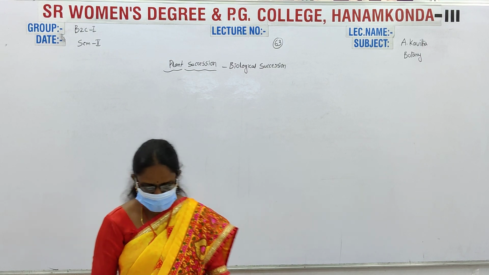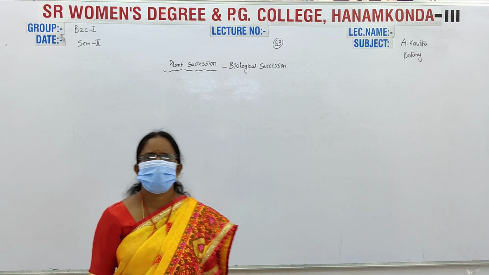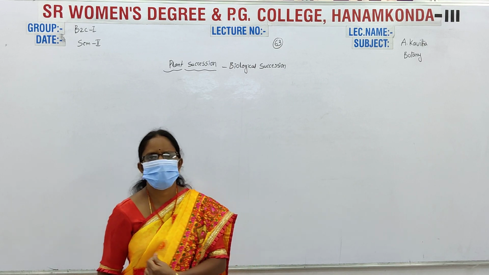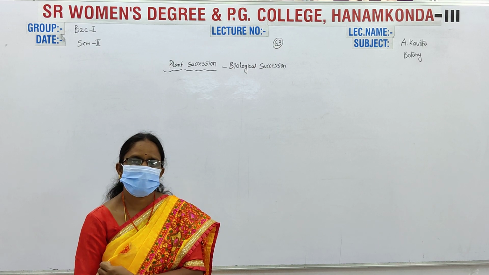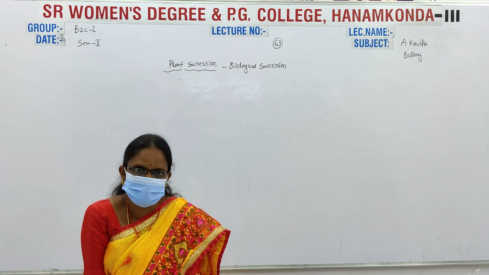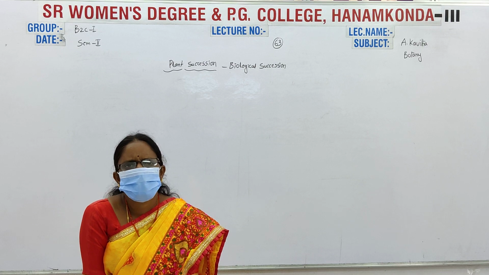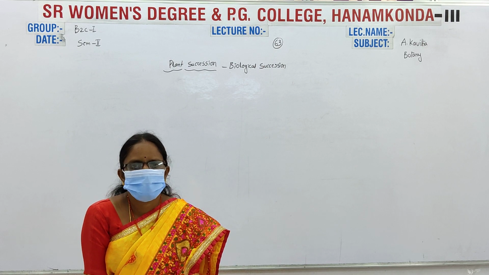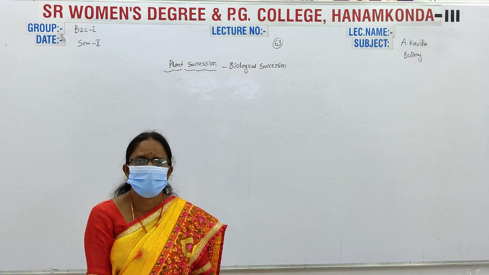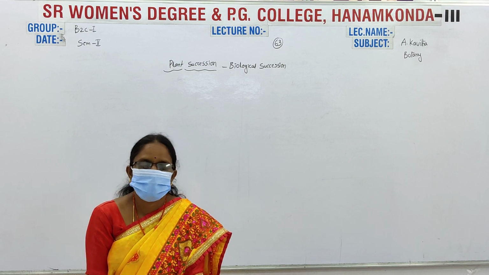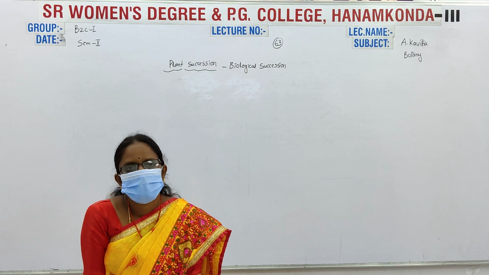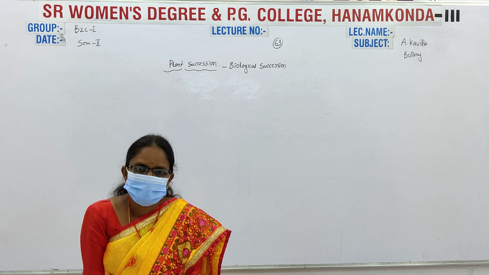There are two types of succession: primary succession and secondary succession. In primary succession, plant communities develop in a completely new area where there were no plants before.